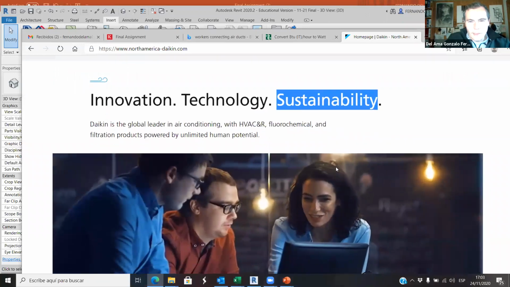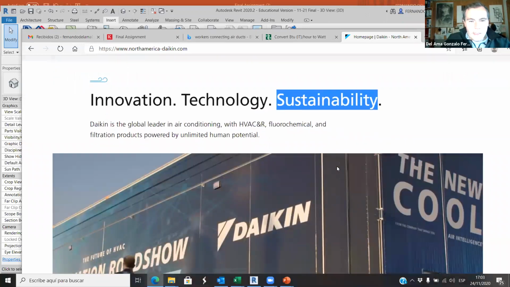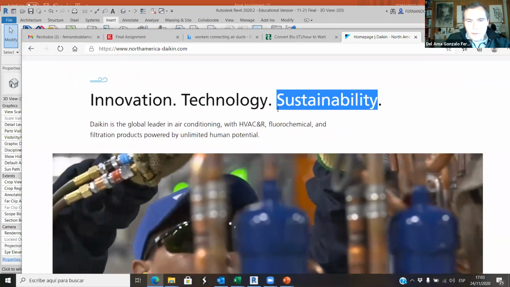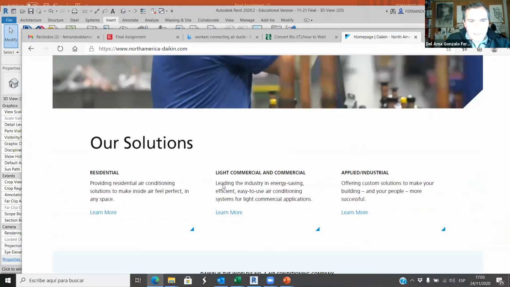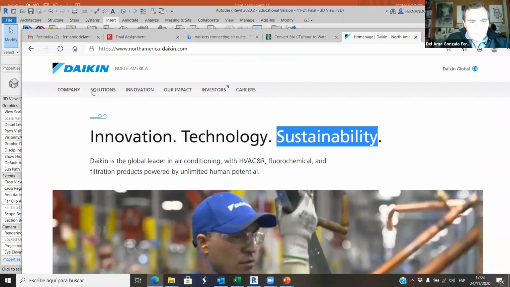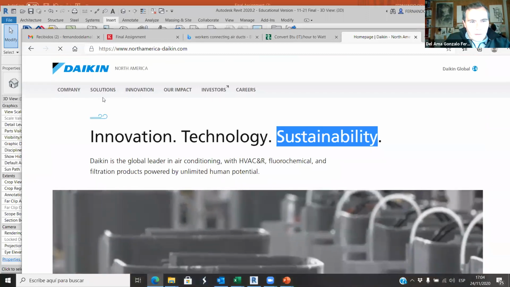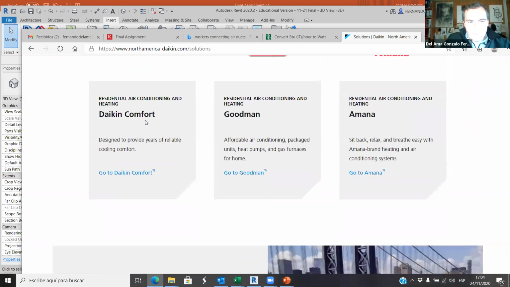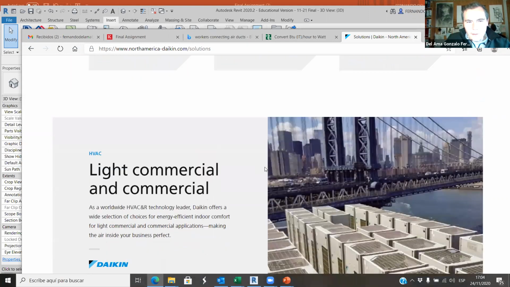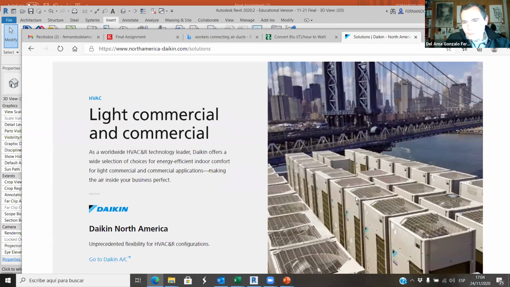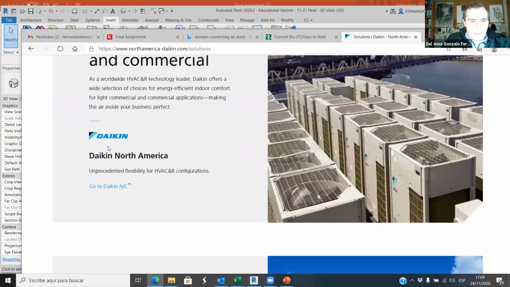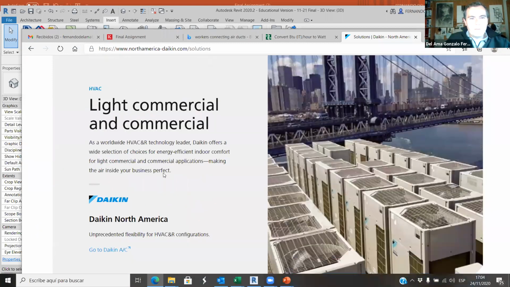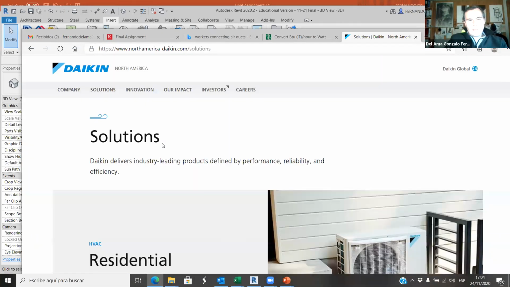Even oil companies claim to be the most sustainable, so we have to be careful about that. Anyway, Daikin has residential, commercial and public building products. It's a huge company, and they are reliable. And finally, we have Daikin, we have Mitsubishi.